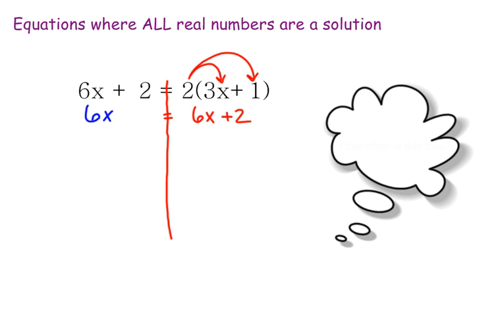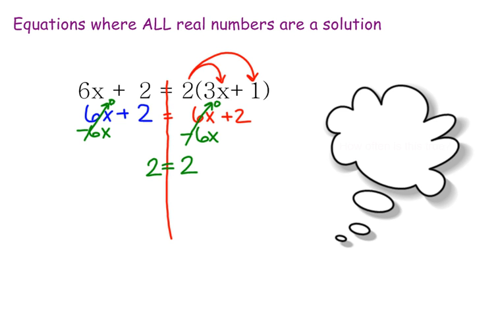Just write it right beneath. And now I need to move all the variables to one side. Well, I would have to subtract 6x to get rid of that, make it a 0 pair. If I subtract 6x on this side, I have to subtract 6x on this side, and actually that's also a 0 pair. So now my equation looks like this.